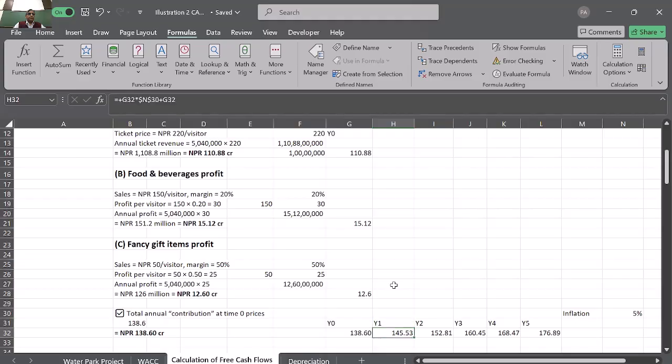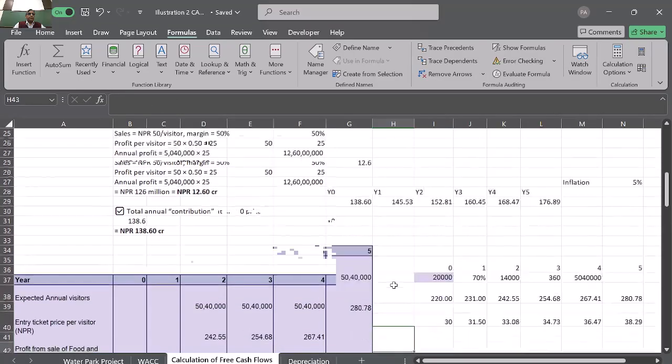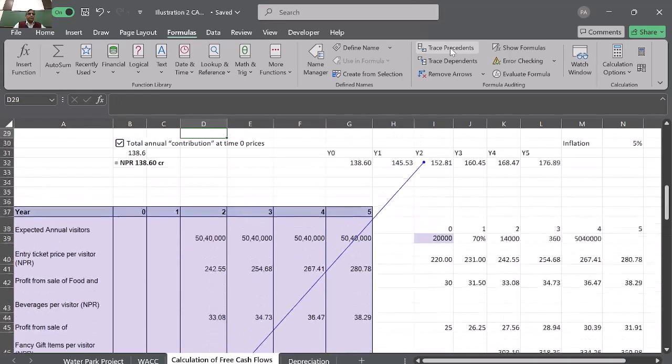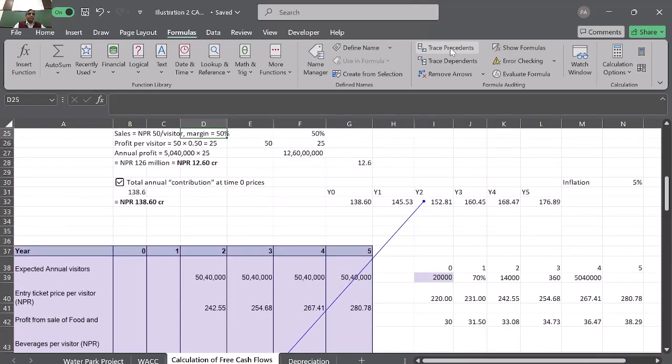Now, let's go down to total revenue. Just go to row number 51 straight away. The rest are the calculations which I have already done. You can just revisit them. So year 2 figure, 152, I have taken here.